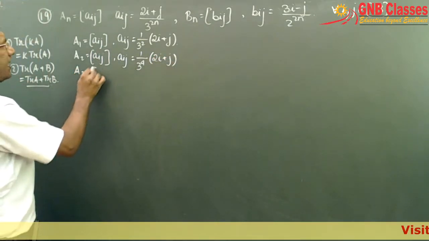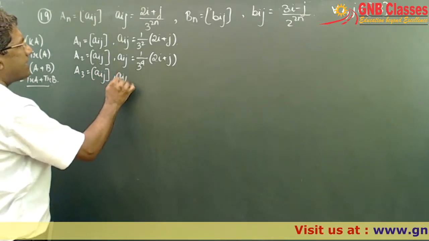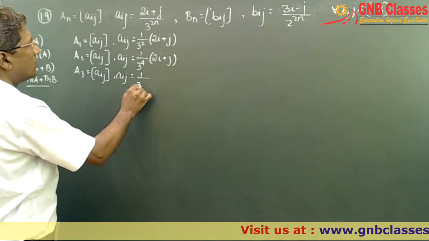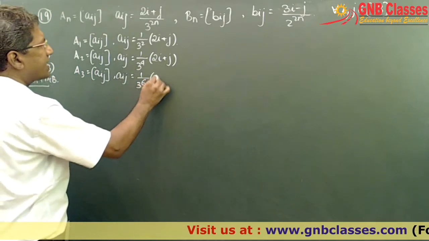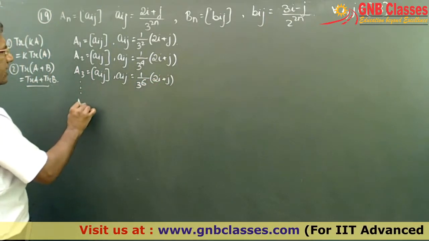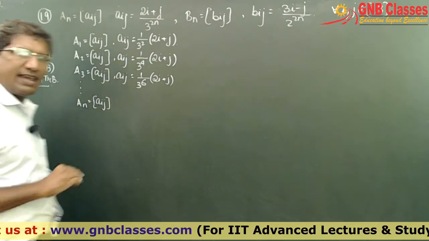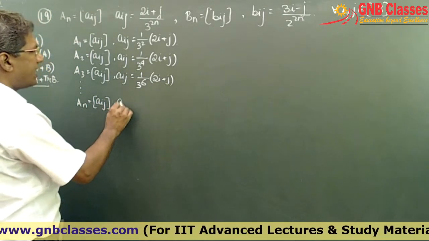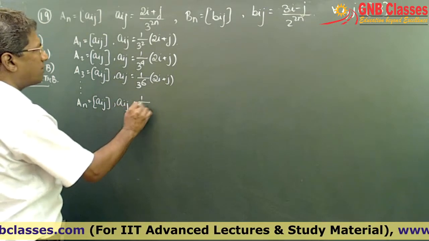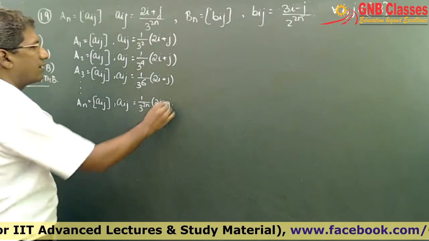A3 will be similarly the elements A_ij, where A_ij is 1 by 3 to the power 6 times (2i plus j), and this thing goes on, and your A_n will be the matrix of elements A_ij, where A_ij is 1 by 3 to the power 2n times (2i plus j).